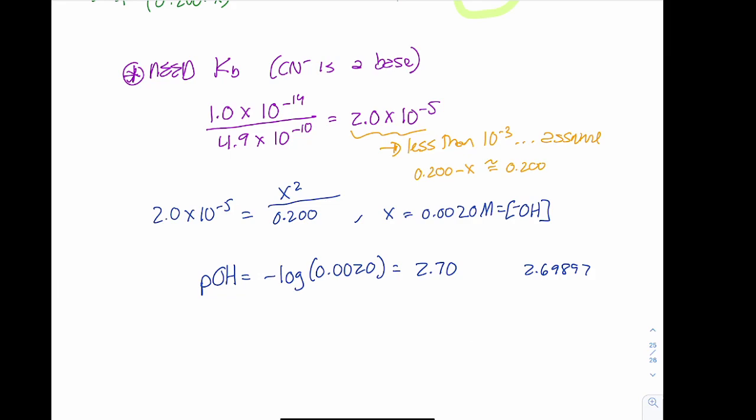Ooh, I actually did that wrong. No, I did it right. Sorry. Sig fig rule. I'm talking to myself here. I do want to have 2 digits after the decimal point. pOH is a log value, and that would end me here. But because this is an 8, it's going to round that 9 up to a 10. So instead of 2.69, I get 2.70. And then to get my pH, 11.30 would be my pH.